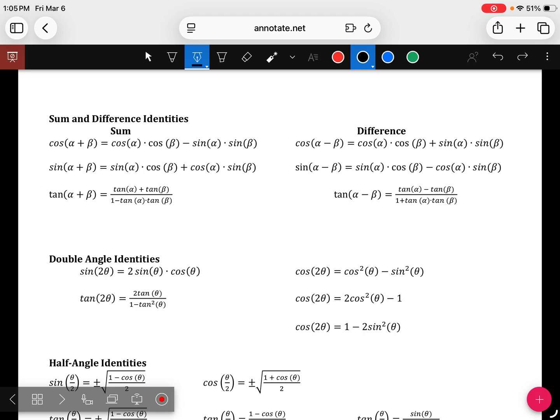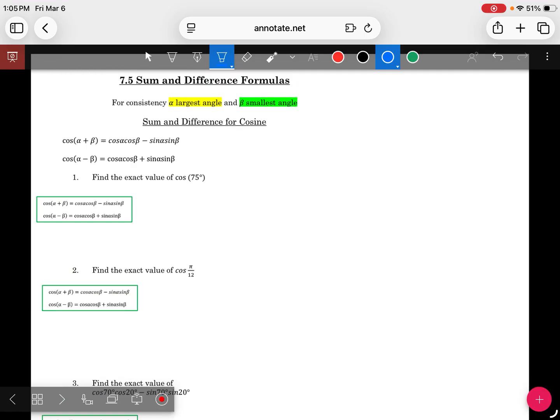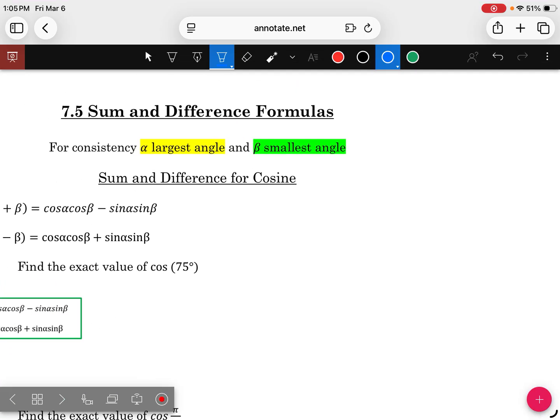So let's start off with the cosine sum and the cosine difference. So I believe, I don't know what page this is. Is this really page 6? It's page 6. All right, let's go to page 6 in your notes.